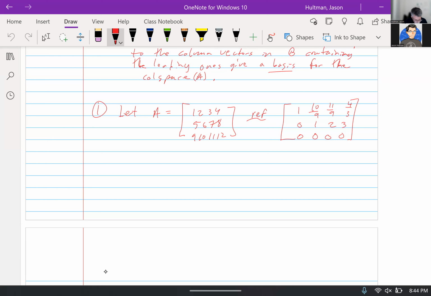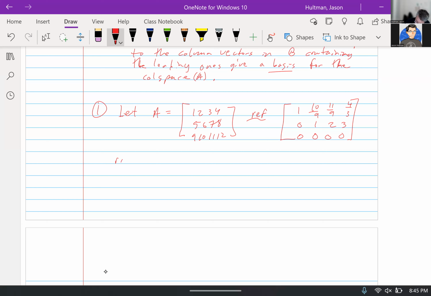Okay, so that's the basis. We don't want that. We just want to know what's the span? Well, I can just write the original row vectors as the span. For any A in Mn, the span of row vectors of A is called the row space of A. So we just use the original matrix to get the row space.